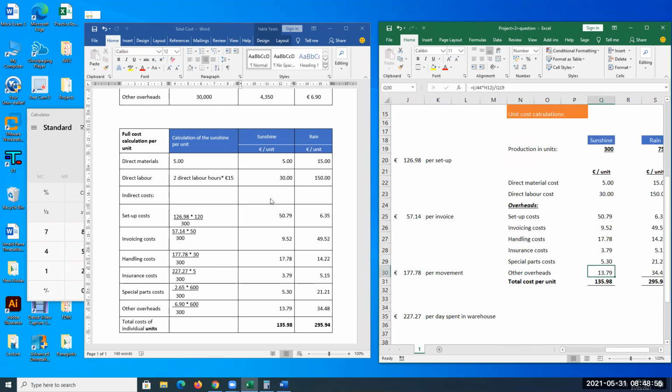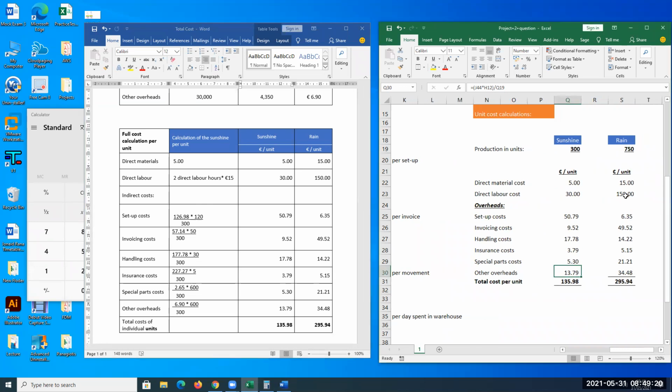If you add up these unit costs, the total unit cost for 1 unit is 135.98. So in this column, you need to show only the calculation for the sunshine product, not for rain. So all these workings are for sunshine only. For rain, I just copied these figures from this table, from Excel. These are the figures, so I copied them here. Okay.